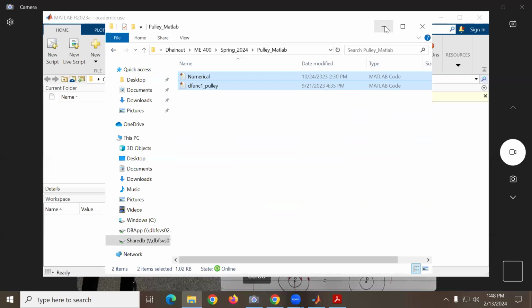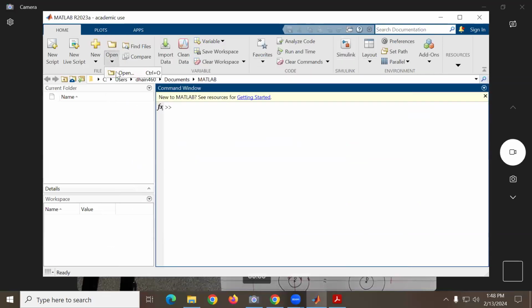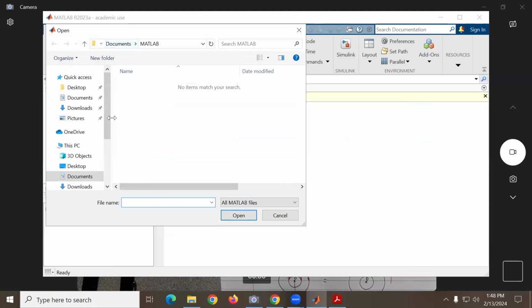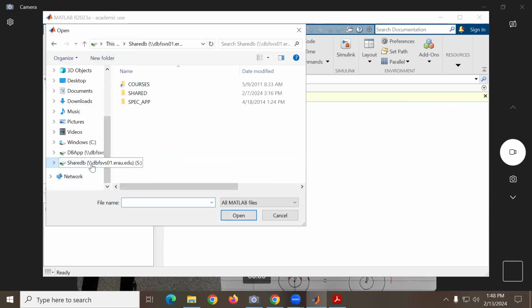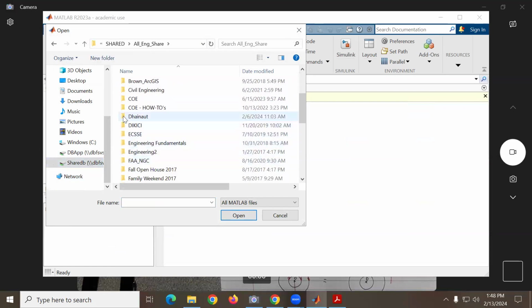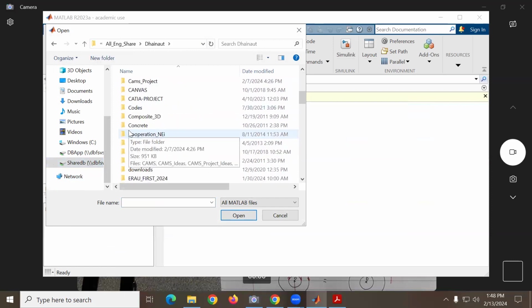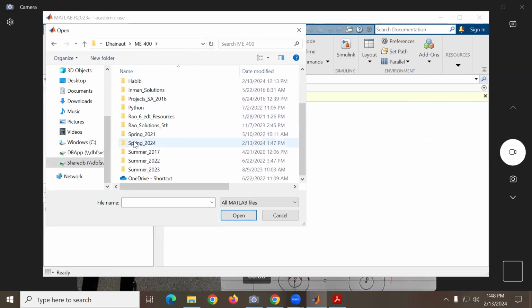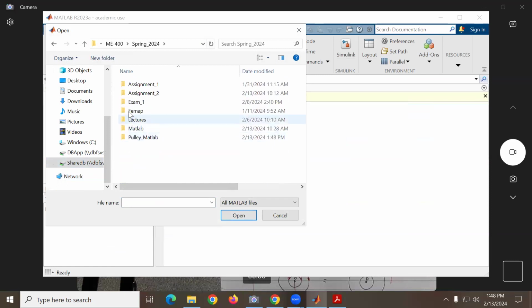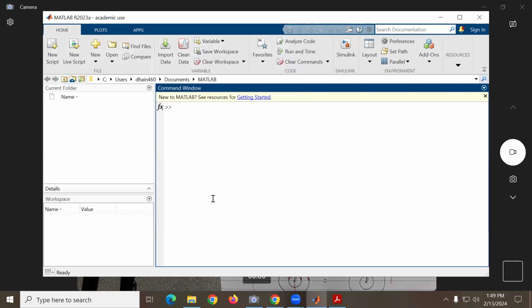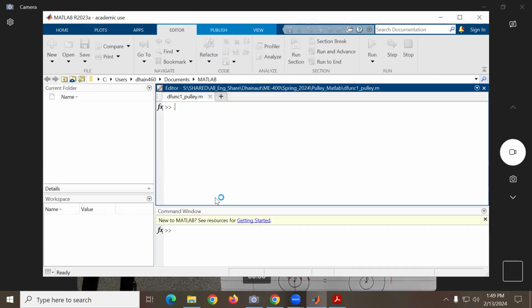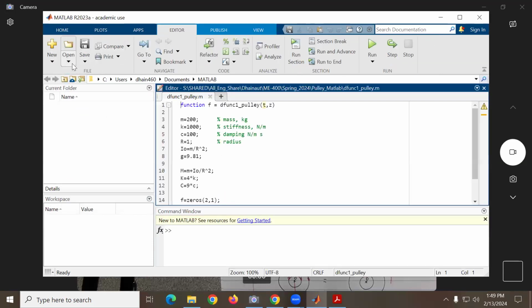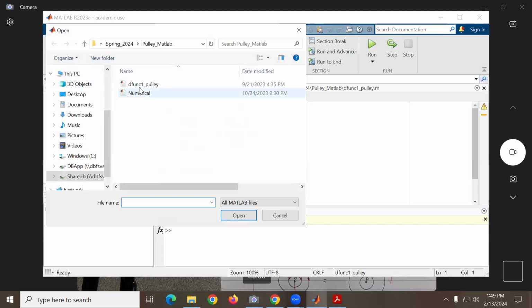Paste. Okay, so let's open here, file, open. What is the important one here that we need to find? ME400, Spring 2024, for the MATLAB, let's open this one. This is the important one. Okay, let's open the other one as well, but the other one should not be that important.